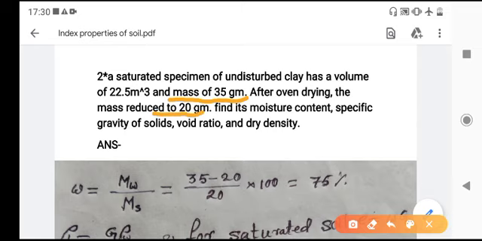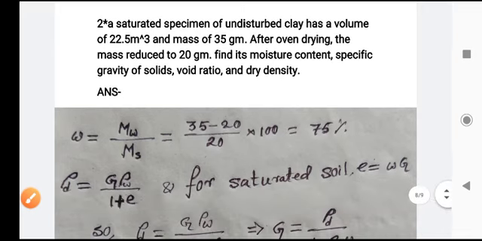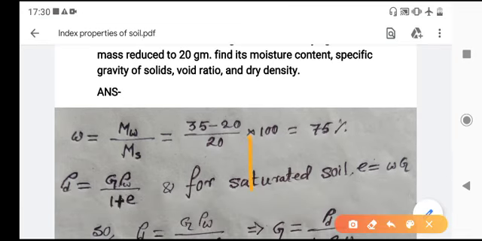Mass of solid equals 20. By simple calculation, we get water content equals 75%.